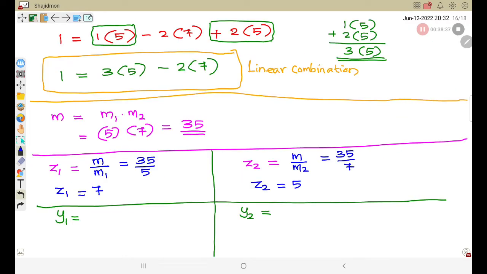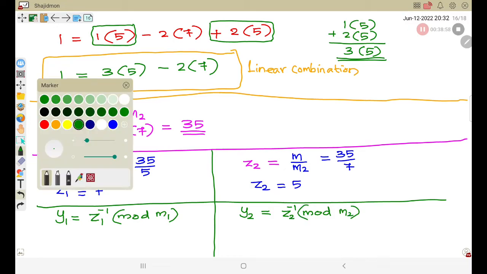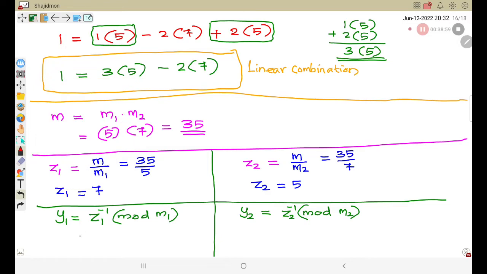Okay. Now we are going to calculate y1 and y2. What is y1? y1 means z1 inverse mod m1, and y2 means z2 inverse mod m2. So we will calculate first z1 inverse. z1 means 7 inverse mod m1.